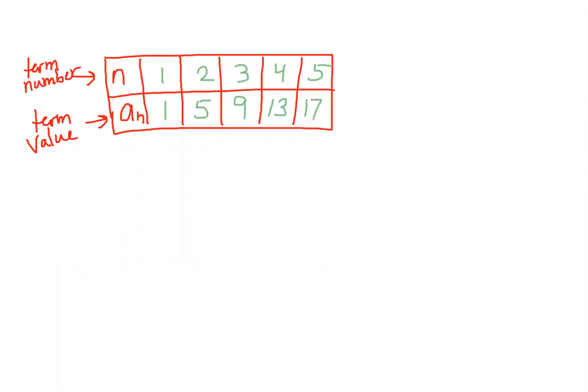So you can see here that the domain, remember, domain is what? When we had X's and Y's, domain was the X's. So now the domain is going to be the set of term numbers.